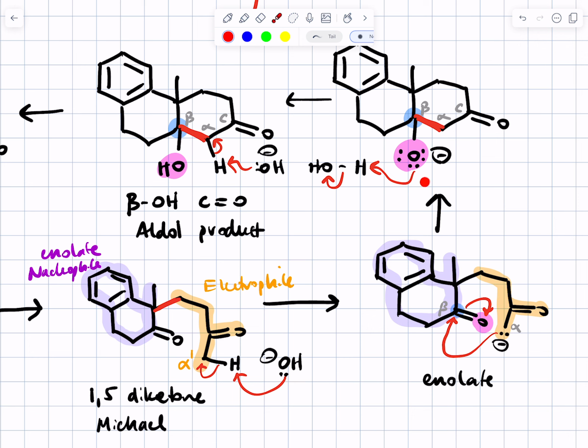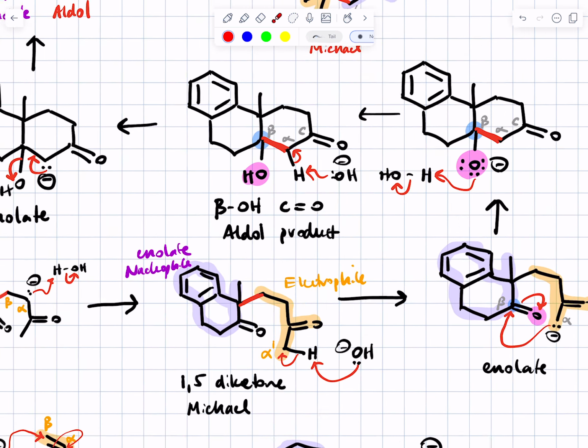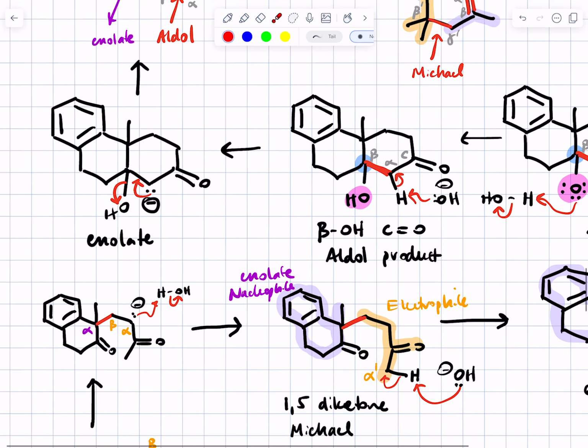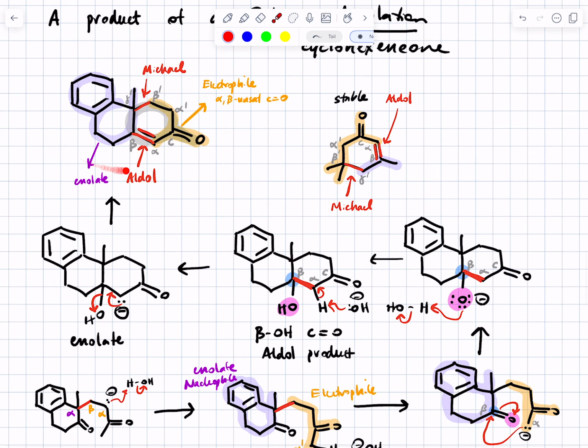Then that negatively charged oxygen picks up a proton from water to give you the beta hydroxy aldol product. Then you deprotonate at this alpha carbon to get an enolate, which then eliminates to give you the Robinson annulation product.